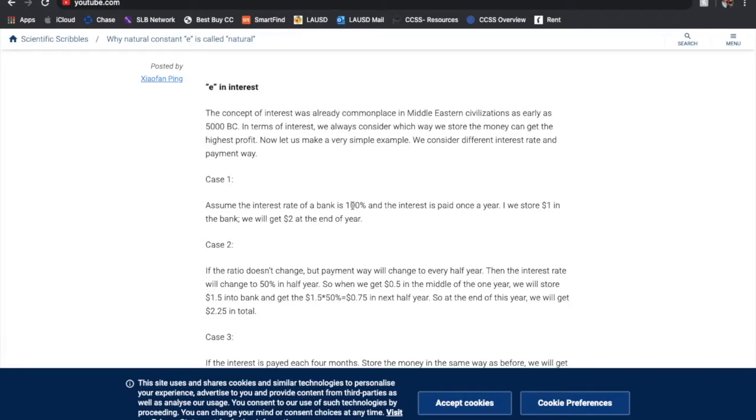The bank offers you 100% interest, so they're going to give you 100% of the money you store once a year. So if you store $1 and get compound interest once, obviously $1 plus $1 will give you $2 at the end of the year.